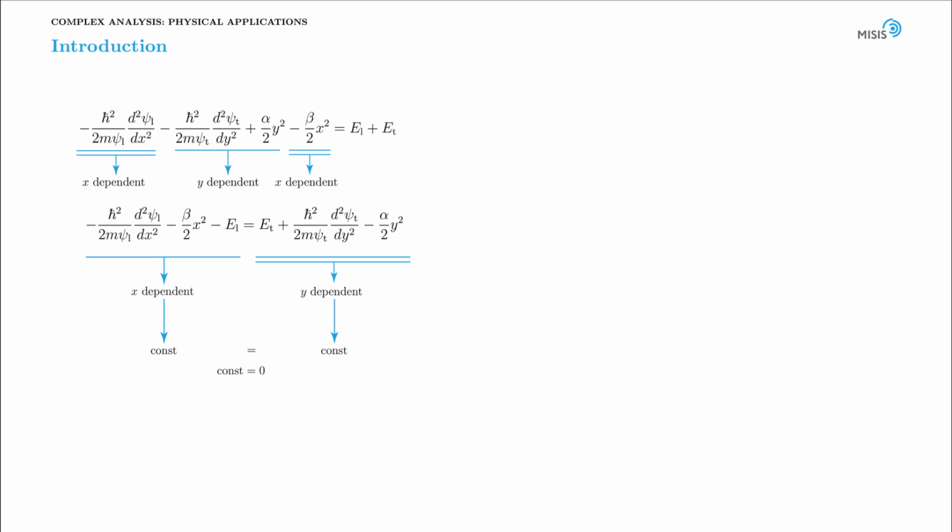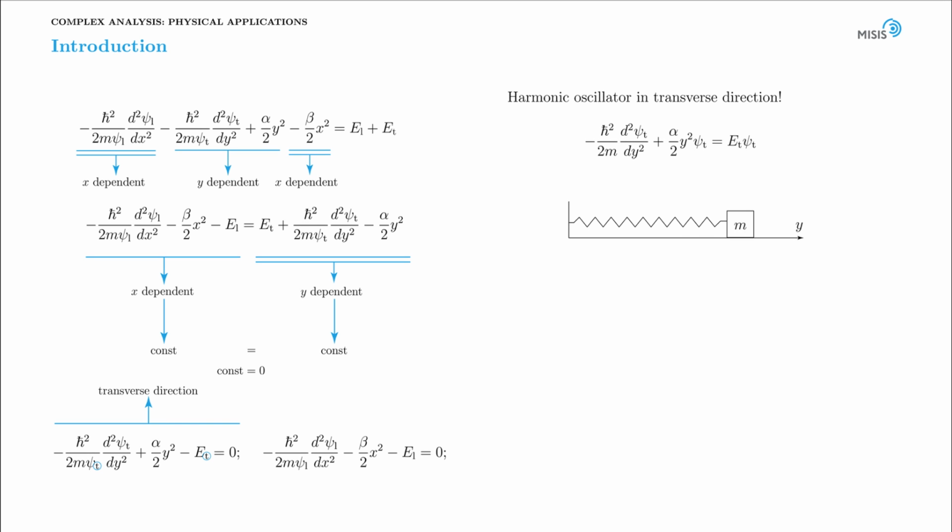As a result, instead of a single two-dimensional differential equation in partial derivatives, we now have two one-dimensional homogeneous differential equations. We see that the equation in the transverse direction is completely detached. The message of this equation is very clear. It is the simple one-dimensional harmonic oscillator Schrodinger equation.